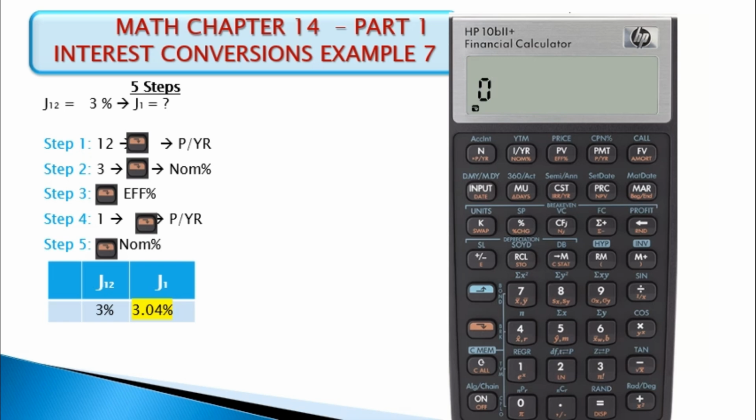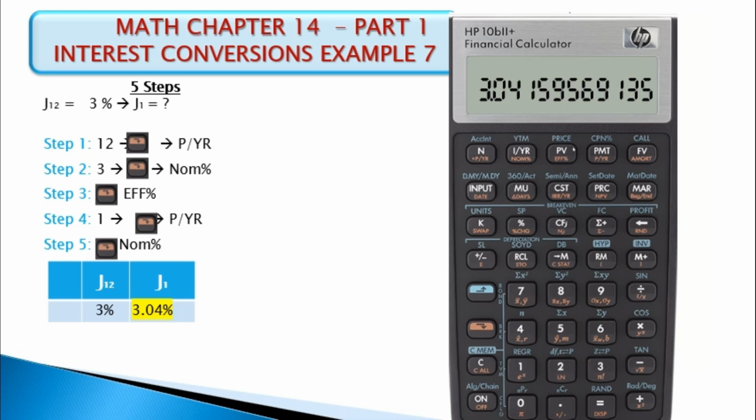Clear screen. We're converting J12 equal 3% into J1. So 12, that's step 1. And 3%, step 2. Step 3 is no number entering, just pressing second function effective. Now, what you see on the screen is J1. That's what I mean by 3 steps.